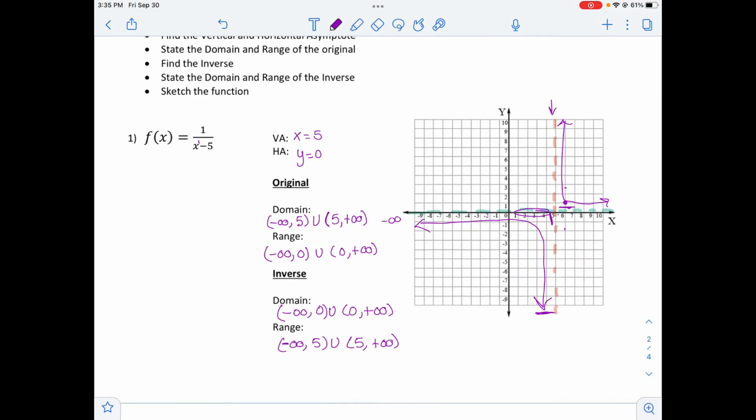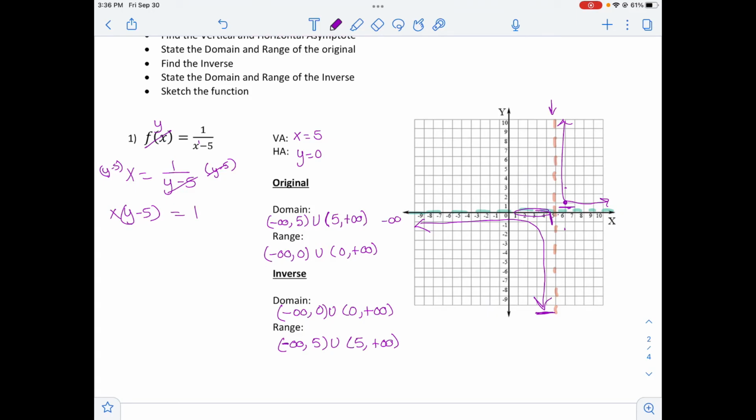All right, so now let's find the inverse. Remember, to find the inverse, we switch the x and y. So I'm just changing my f of x to y. Now we're going to switch them. x equals 1 over y minus 5, and we're going to solve for y. Well, I have a fraction on the bottom, so I'm going to multiply by that to both sides. And I end up with these canceling out, and I get x times (y minus 5) equals 1.